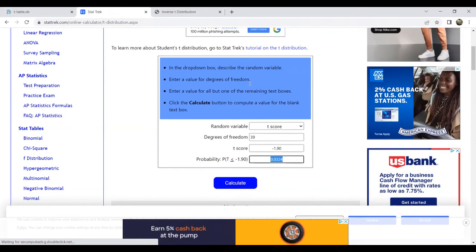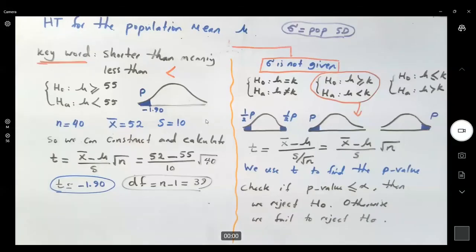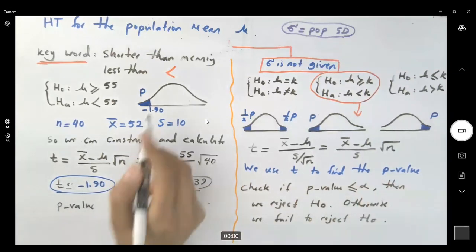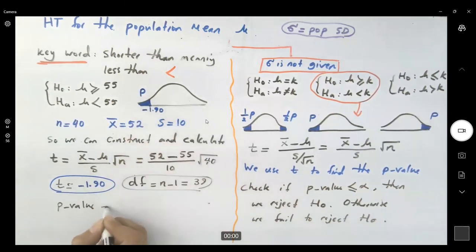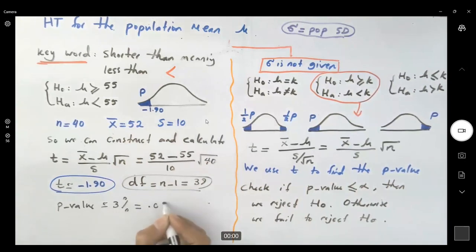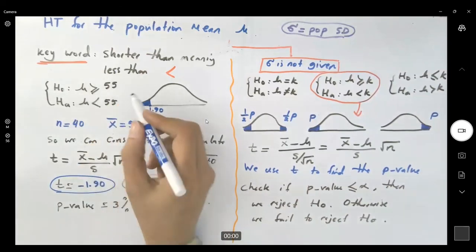So let's take a look at our board. We use T to find the p-value. The p-value, or the area to the left-hand side of negative 1.90, is about 3%, or 0.03. We found the p-value, which is about 3%, everybody.